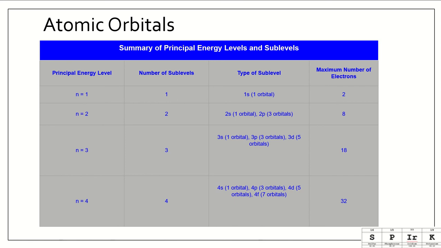So n equals 1 is row 1, n equals 2 is row 2, n equals 3, row 3, n equals 4 is for rows 4 through 7. Within those, they have this number of sublevels. Then within the sublevels, here are the types of sublevels. And within those sublevels, it tells you how many electrons can occupy that space. And we will dive into this a little bit deeper.